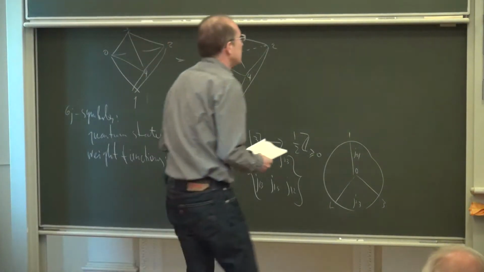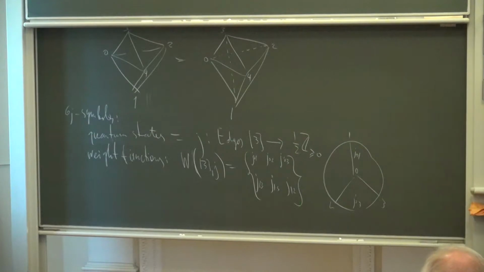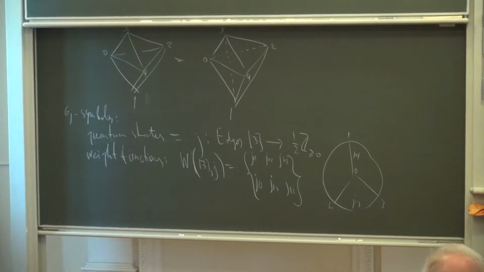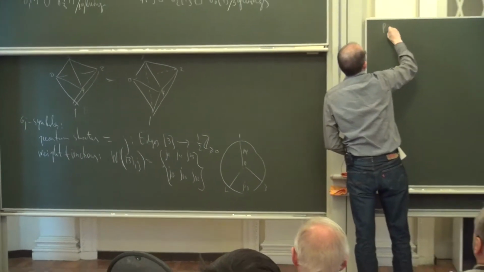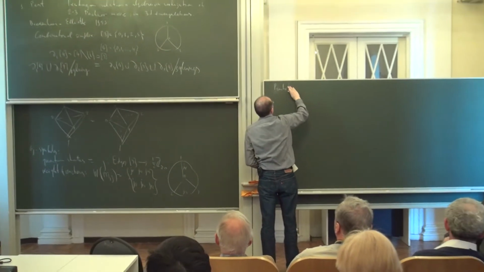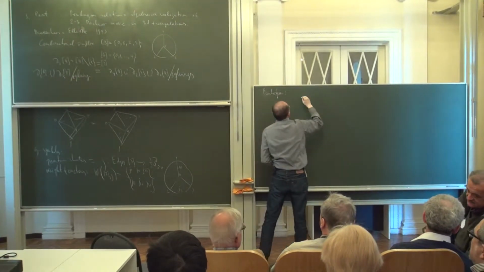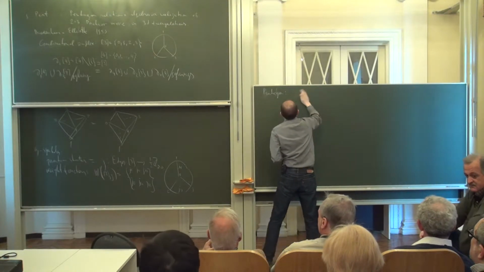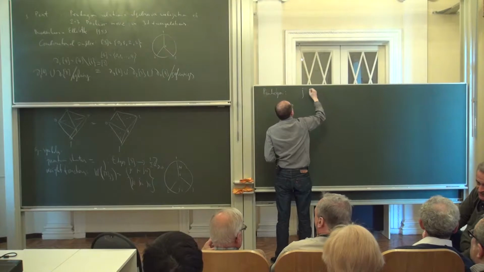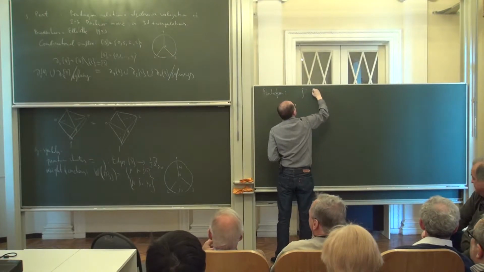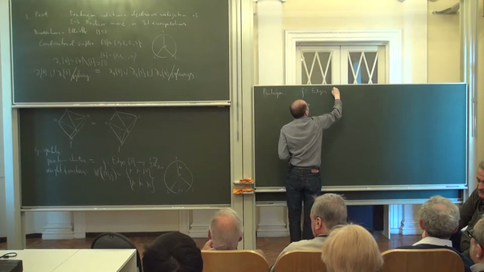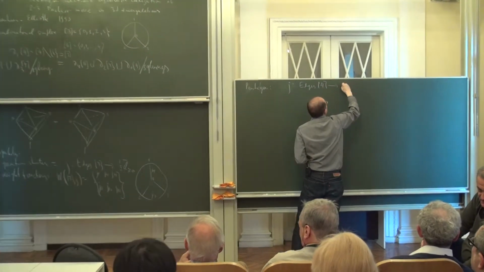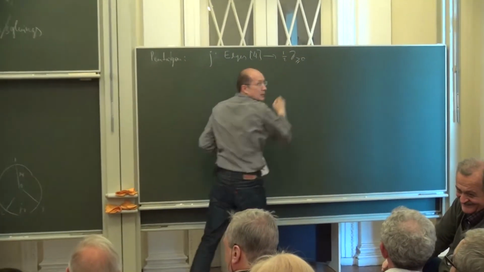Then the Biedenharn-Elliott identity, which is a realization of the pentagon, is about a state on the edges of the 4-simplex.